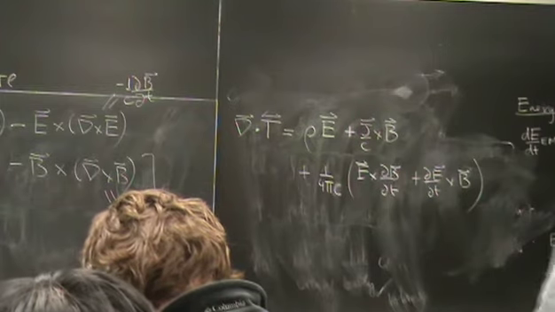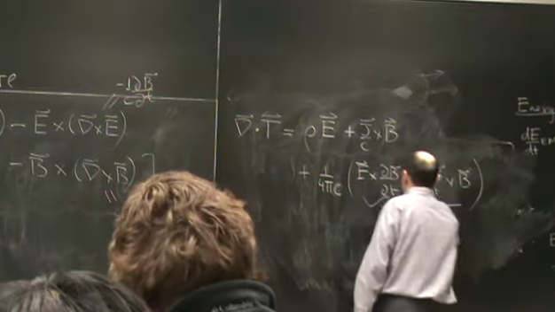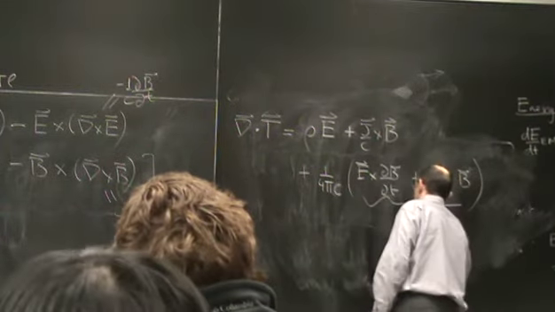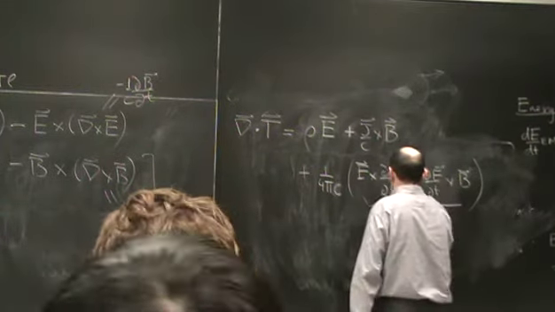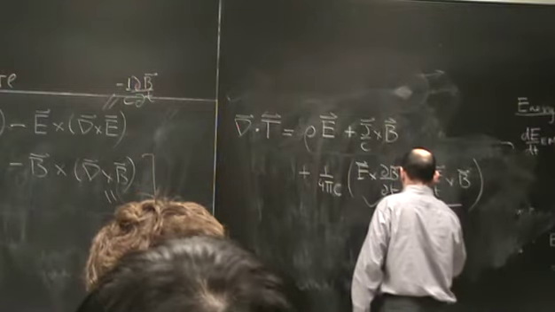Which says, so this is equal to d by dt of E cross B.